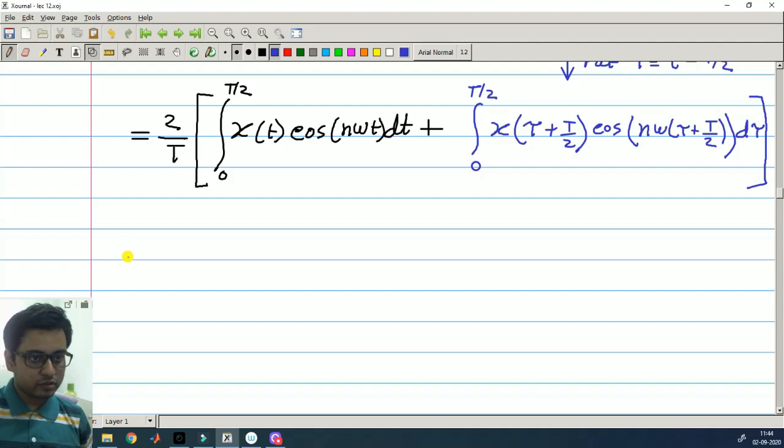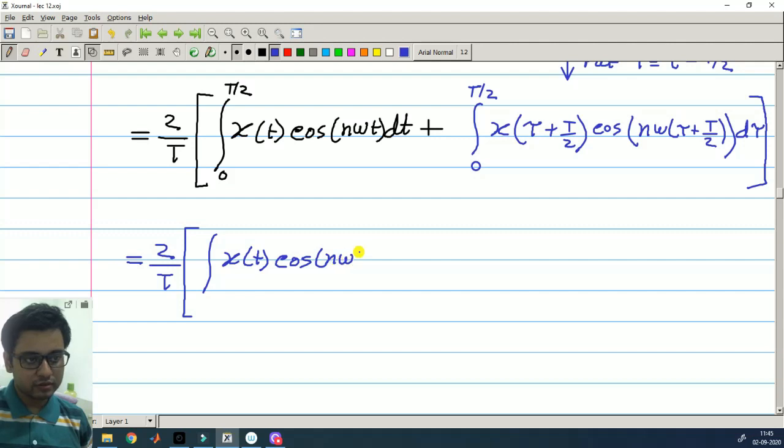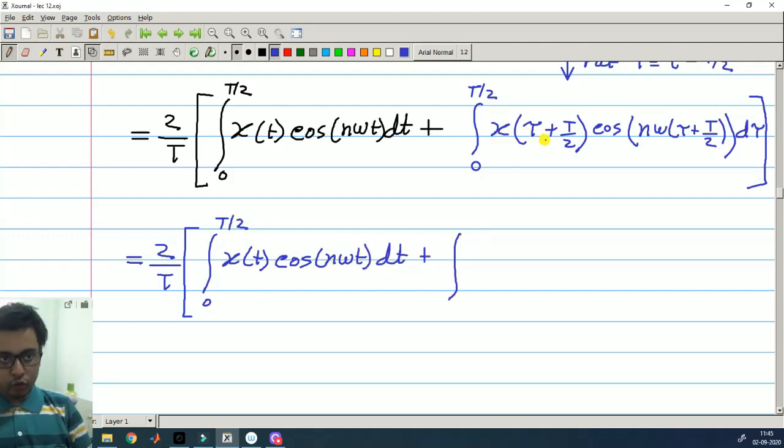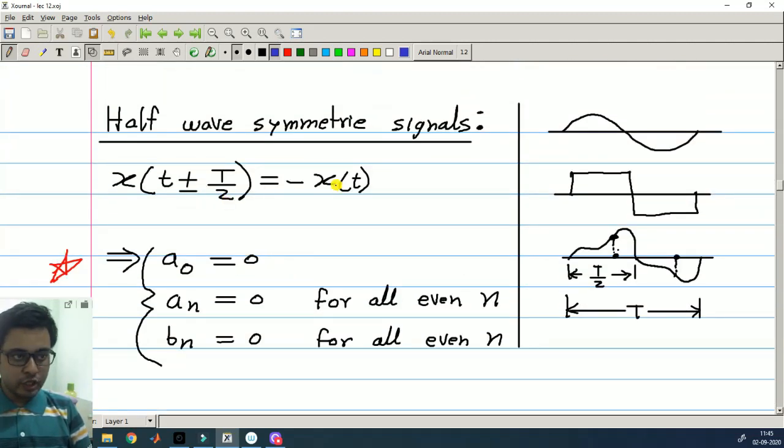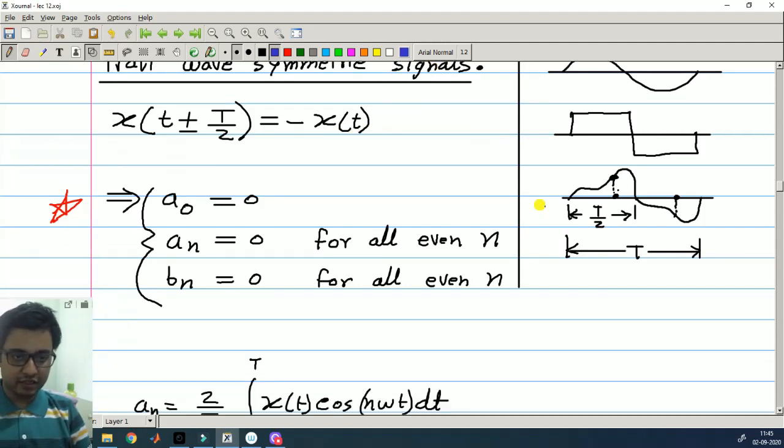Nice. Now the first term I will keep as before, and x of tau plus T by 2 will be equal to minus x of tau because it is a half wave symmetric signal.